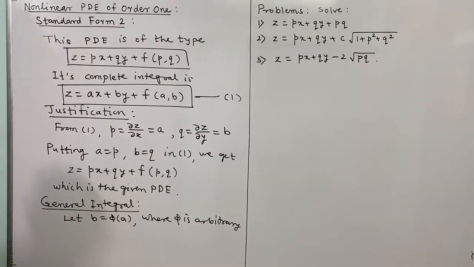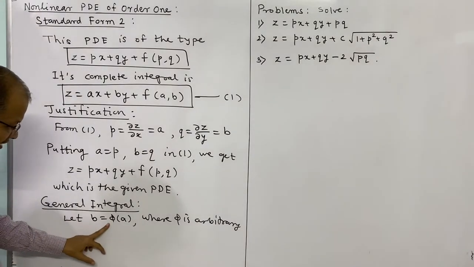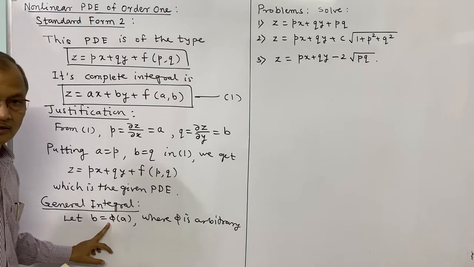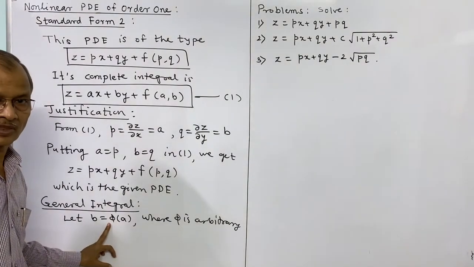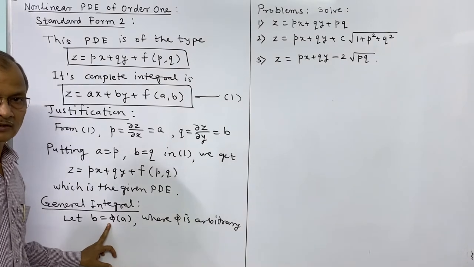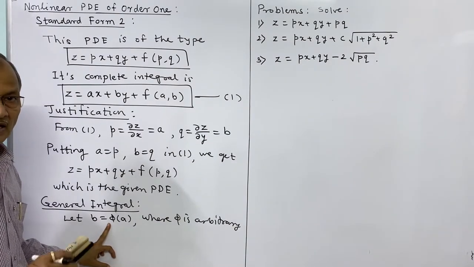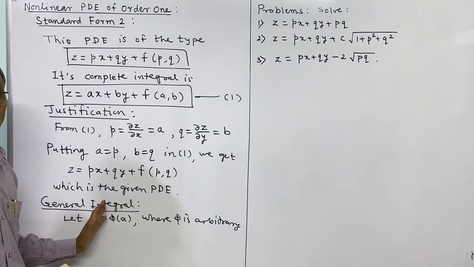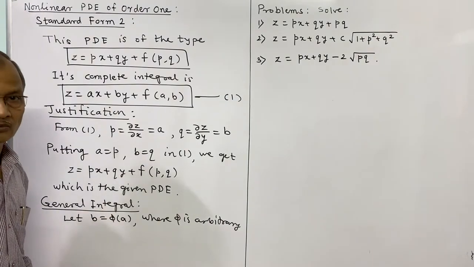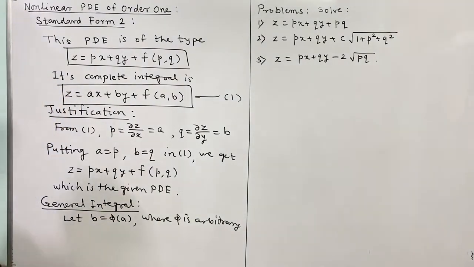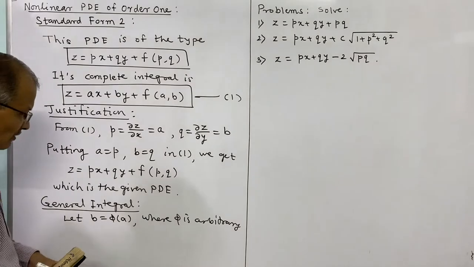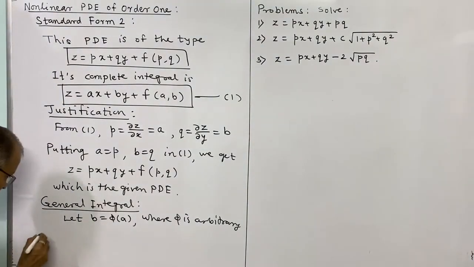But here b is to be considered as an arbitrary function of a, whereas in our first standard form we obtained b by the relation f of a and b is equal to 0. So that is the difference here. b is a function of a, and phi is an arbitrary function.